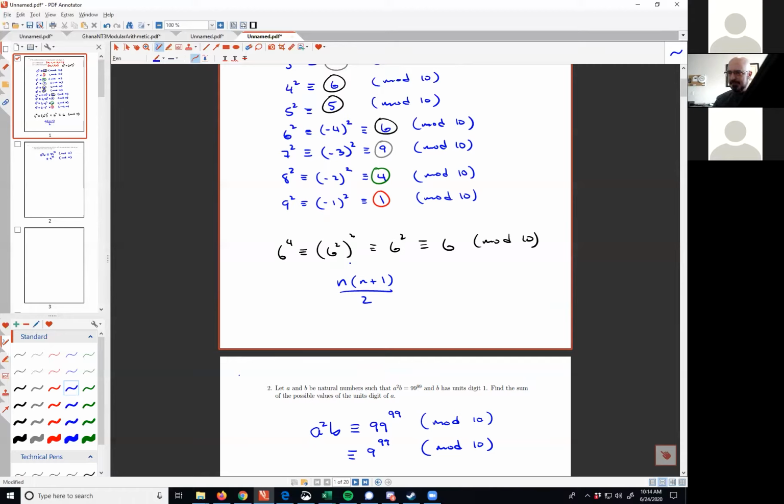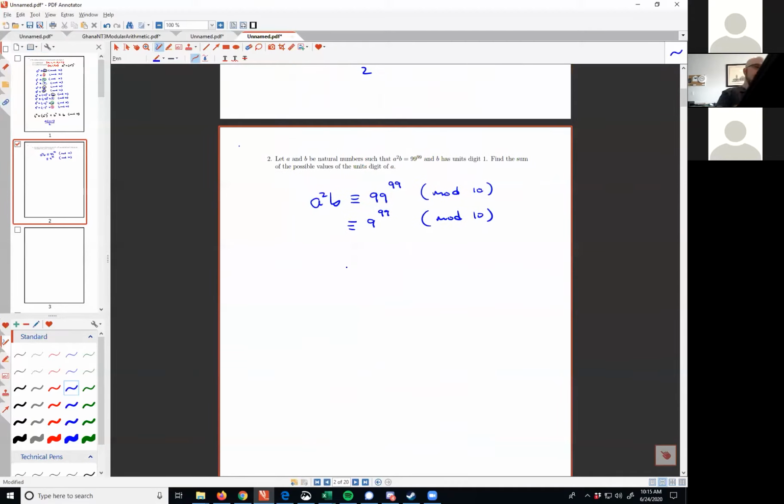Made them congruent to negative integer squared. Right. And what is another integer that is equivalent to 9 that is easy to take powers to? -1. Yeah. 9 is congruent to -1. So we could just say this is -1 to the 99th power.